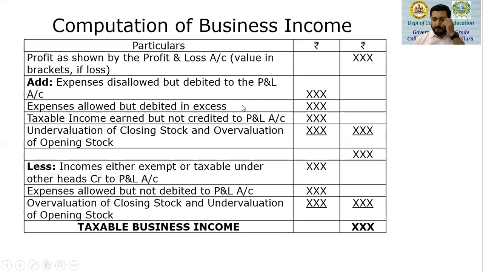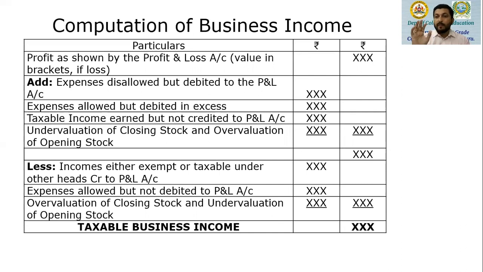Let's take one example. Depreciation is a regular business expense. It's a non-cash expense. Suppose the depreciation debited to profit and loss account is 35,000. And the adjustment in the problem says allowed depreciation under section 32 is only 30,000 rupees. So debited to profit and loss account is 35,000. Allowable depreciation under section 32 is only 30,000.